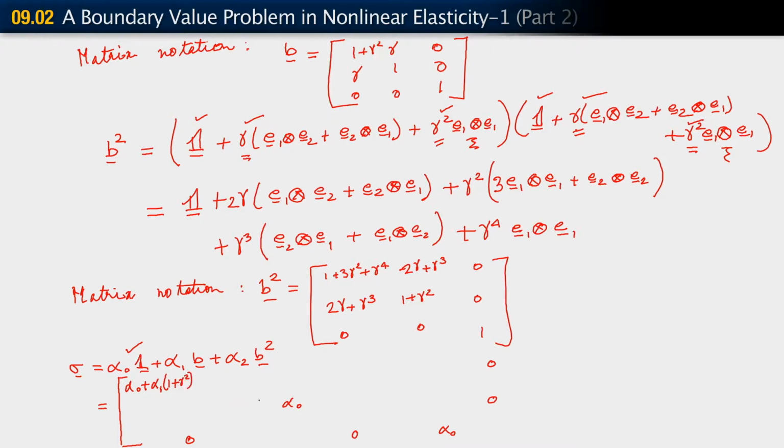In the 1, 2 and 2, 1 positions, we get alpha 1 gamma, and likewise we get an alpha 1 gamma here. It gives us an alpha 1 in the 2, 2 position as well as the 3, 3 position.